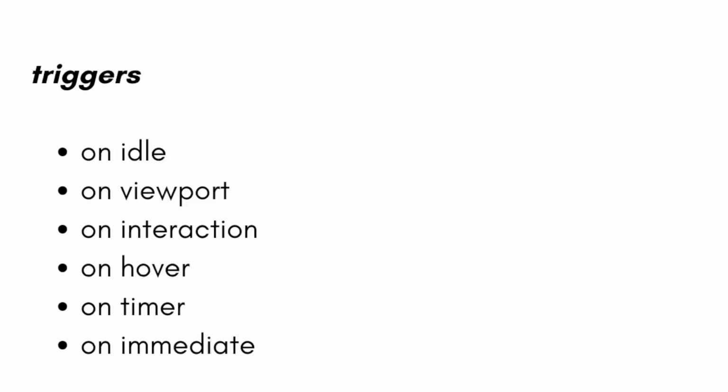On interaction, when you click on an element, it will come into your view. On hover, when you hover an element, it will load the element. On timer, it will come into the view of your end user, or on immediate.